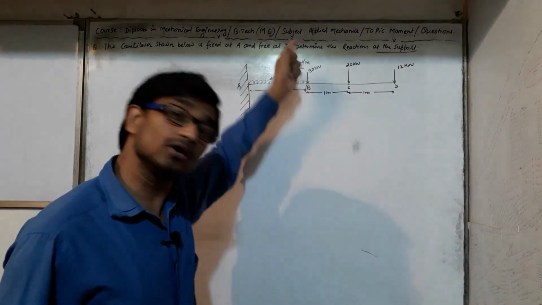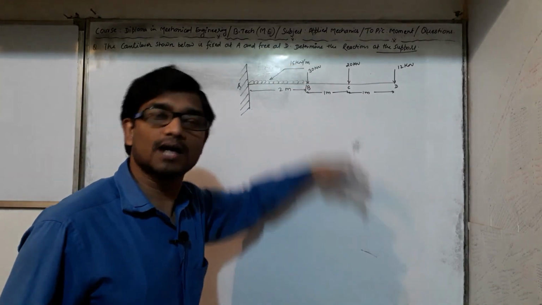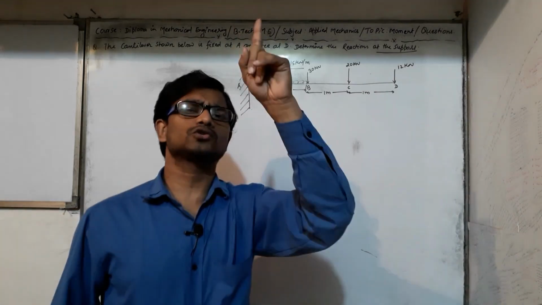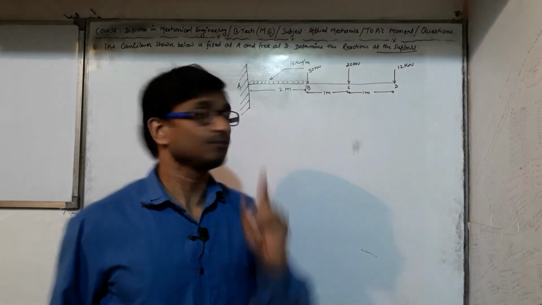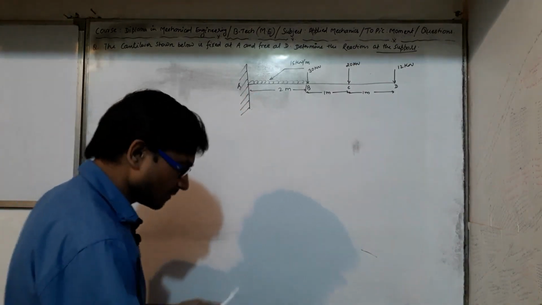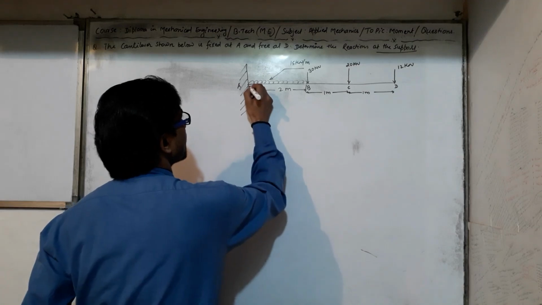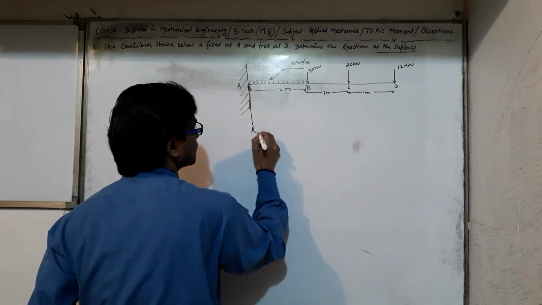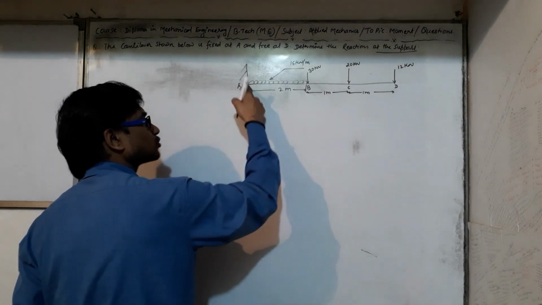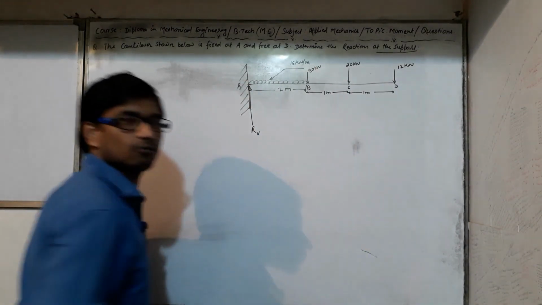Even though the loads are acting, the beam is still not going downward. It means there is one reaction force acting in the upward direction at the support. So one vertically upward reaction force is acting, so that the body could not go in the downward direction.